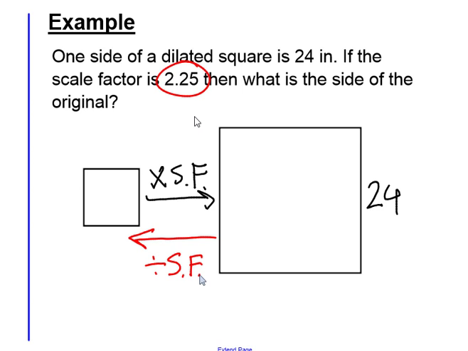So let's take our 24 and let's divide it by 2.25. I get approximately 10.7. So my original square was approximately 10.7 inches.